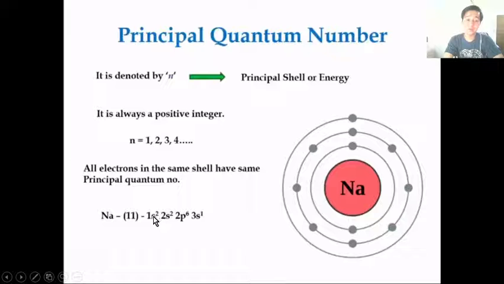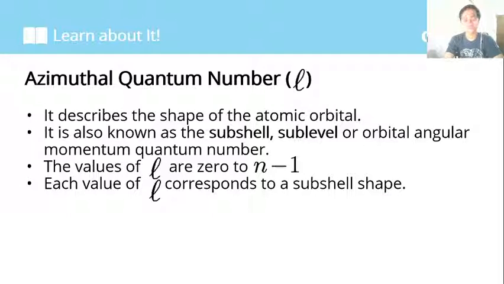That is the reason why we use this whole number before the letters and superscript. So this number represents the principal quantum number, or the principal shell, or the energy level. Now you might be asking what SP stands for. We will find that out later as we progress in our discussion.